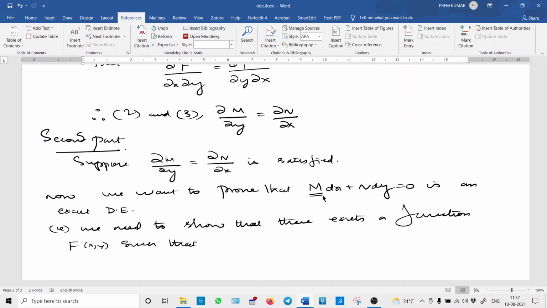This M must be equal to dou f by dou x and my N equals dou f by dou y. We have to prove that such a function exists.